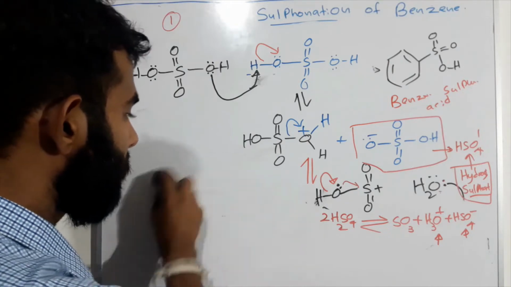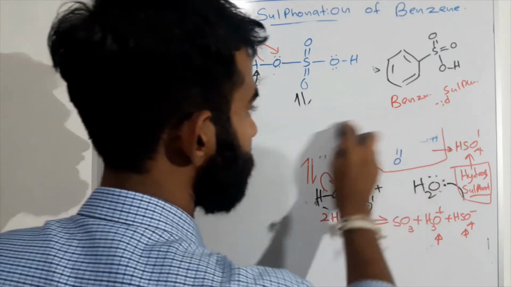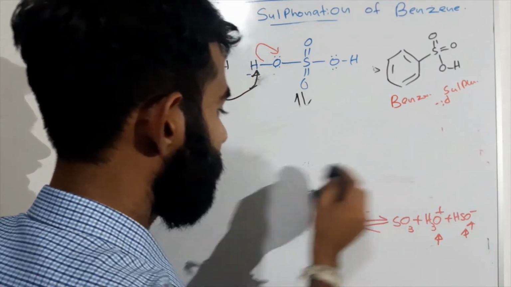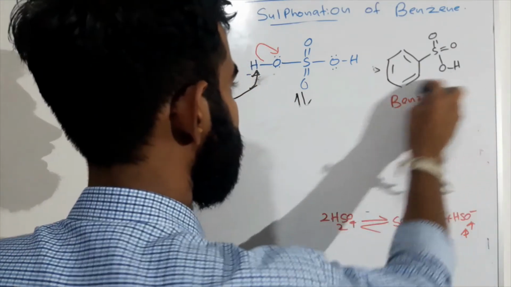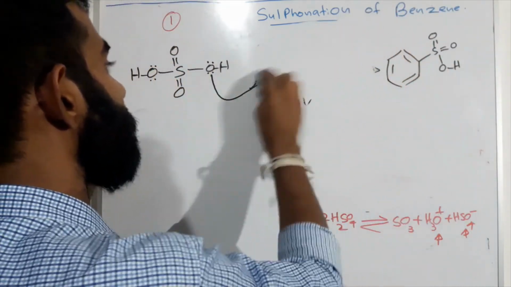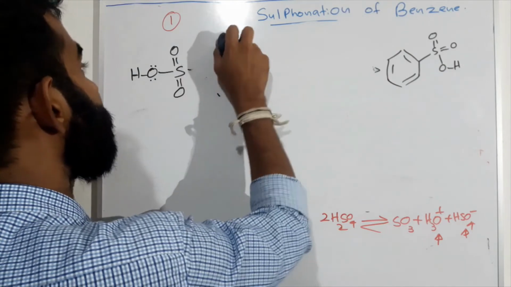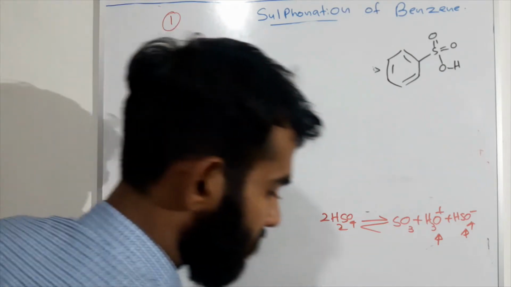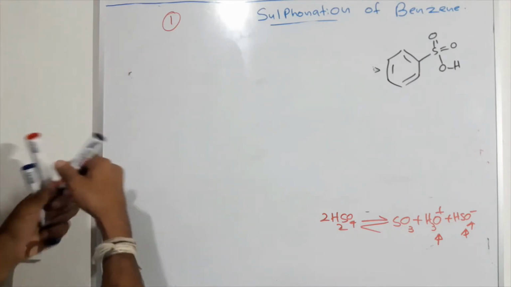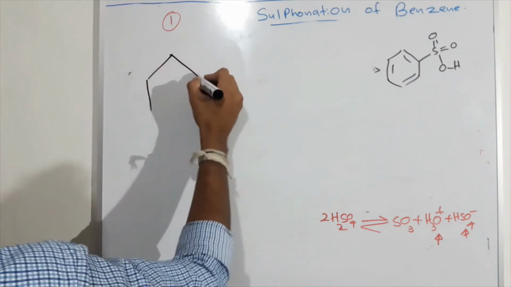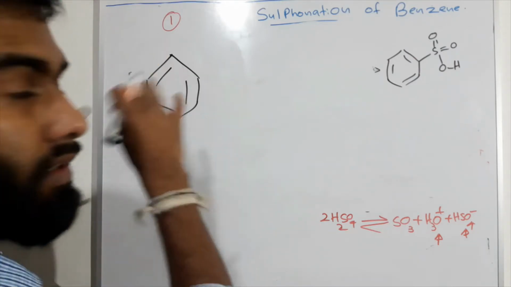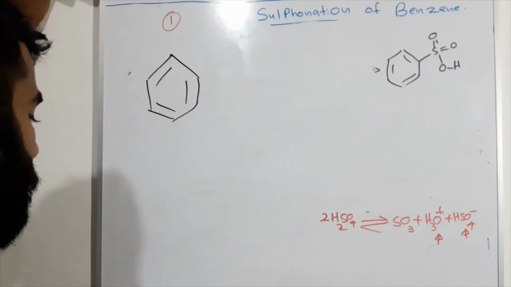Now we got the SO3 molecule. It is the reactant in the electrophilic substitution reaction of benzene, which means the sulfonation reaction. So what's going on here? Here is our benzene, a very stable molecule. I'm not going to talk about that.